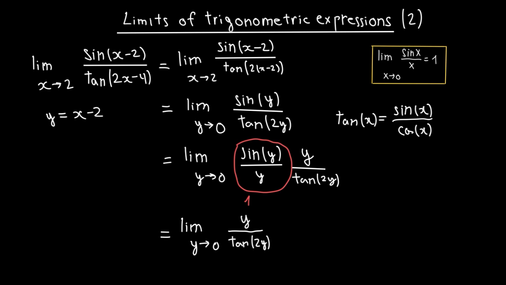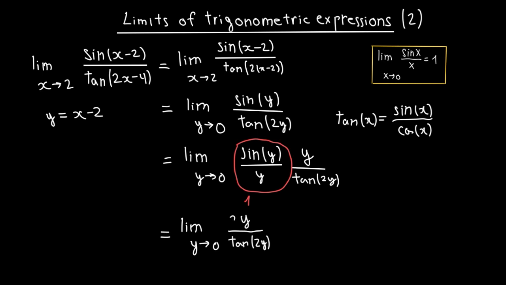In essence, what we need to do is get rid of the sine of x that is within the tangent in our expression. And we don't need to focus on the cosine of x, because the cosine of x tends towards 1 in our case over here. And so essentially what we need to do is have a 2y on the top, so that we can use the limit of x divided by sine of x, which is exactly what I'm going to do here.